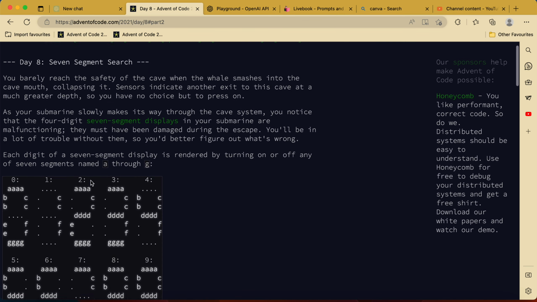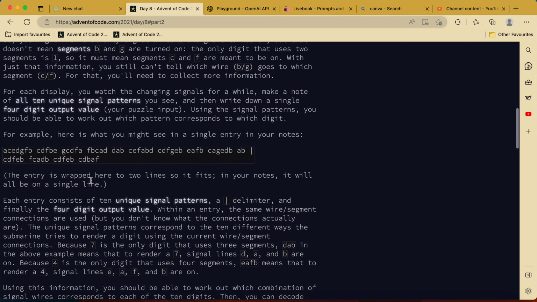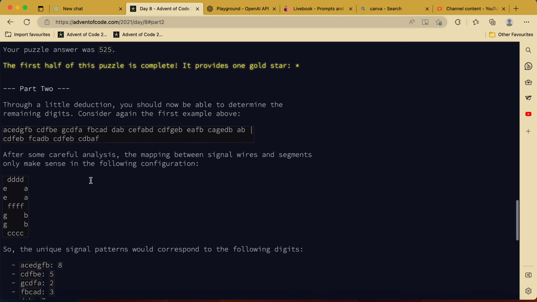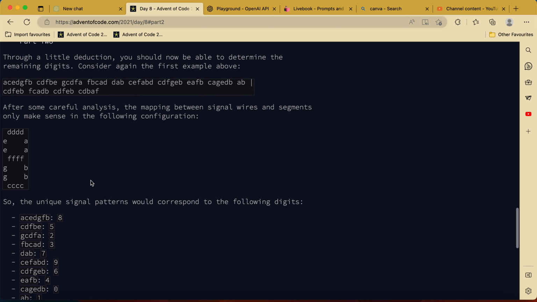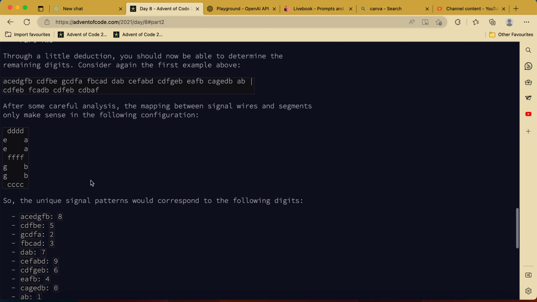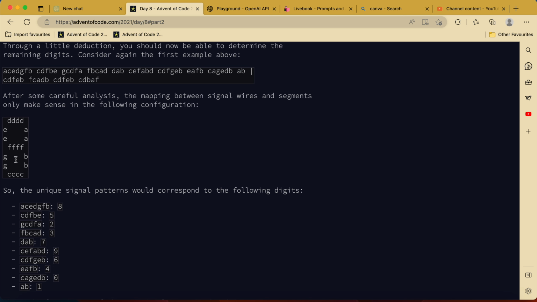Is it in the output? Okay, I'm seeing that it's like that.